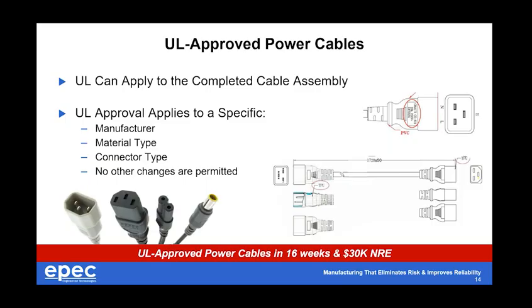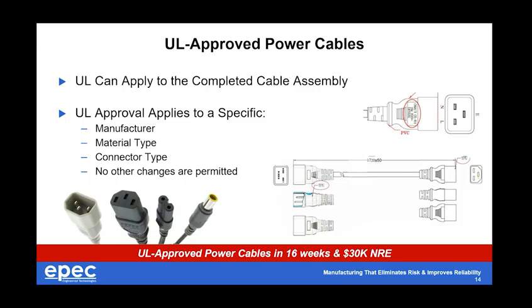So for example, looking at some of the power cords that may be around your house or your office, if you look carefully at one of the overmolded ends, you may see some really fine print or text that's actually molded into the connector. That information cannot legally be added to the overmold until the UL for that finished completed cable assembly is done. And that's at times a lengthy and expensive process.